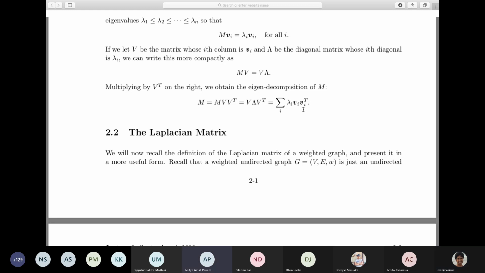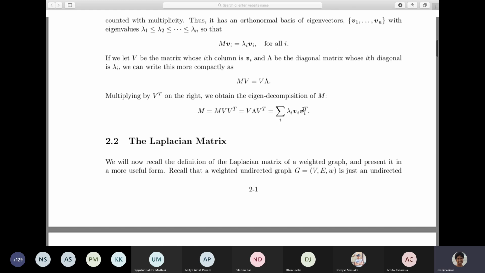But the left hand side is a matrix, so ideally it should be a value.